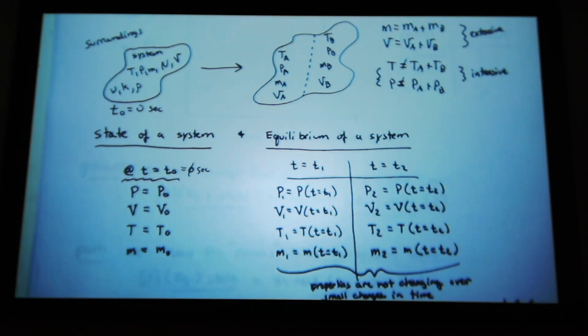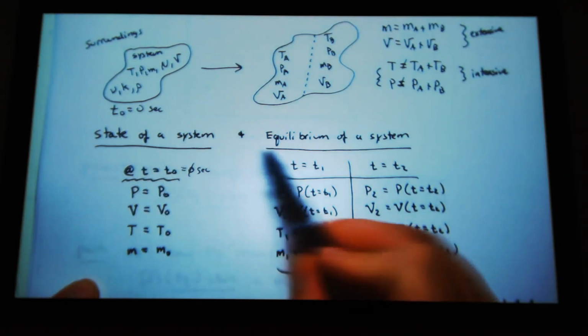With mass, I'm not going to have a fluctuation in mass. I guess if I define a small control volume over here, I might have a small fluctuation in mass. But in general, I would just say this is the mass over here and this is the mass over there. This is the volume right here. This is the volume over there. I'm not getting fluctuations in those.